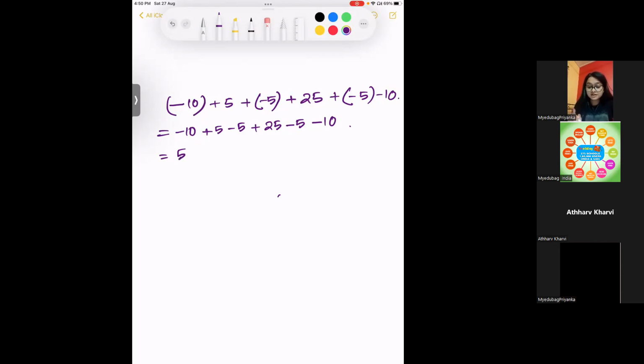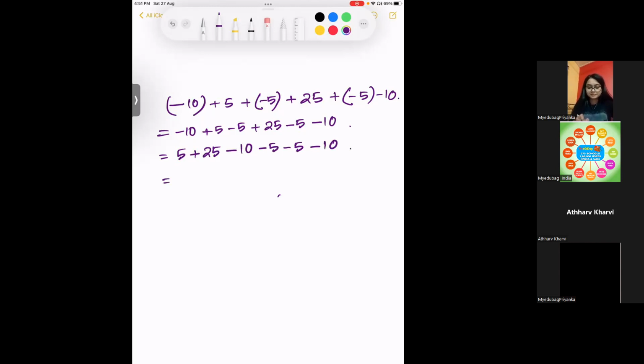Positive integer is the number before which the plus sign is there. Is minus 10 positive or negative? Negative. So it is plus 5 plus 25. Then next you write all the negative ones: minus 10, minus 5, minus 10.